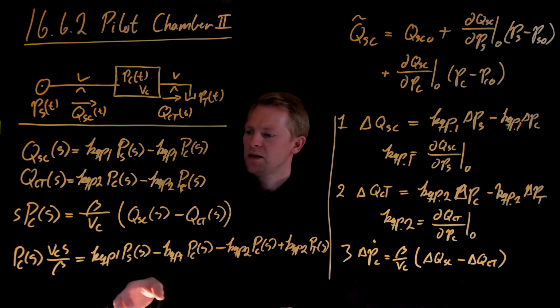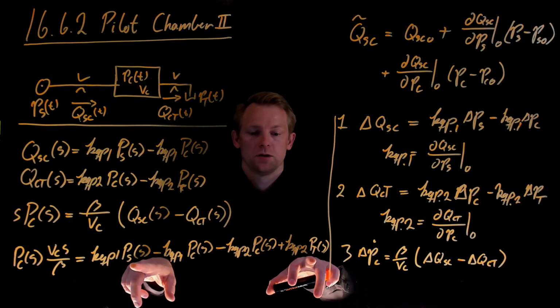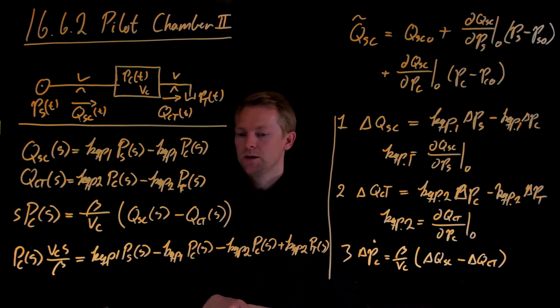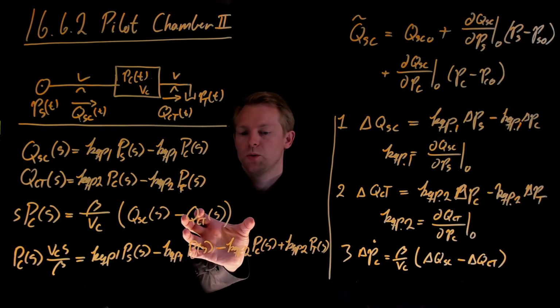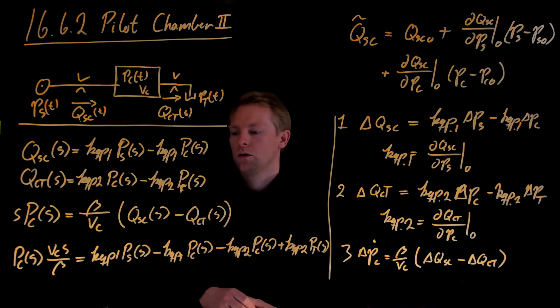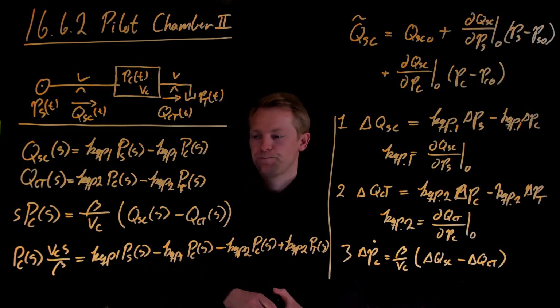So we see that we have terms here with supply pressure, tank pressure, and then the chamber pressure. Let's pull these two with the chamber pressure to the left side, so we have that all on one side of the equation.